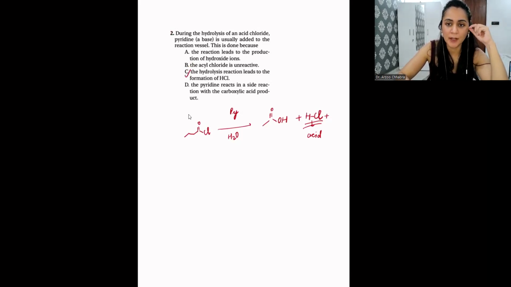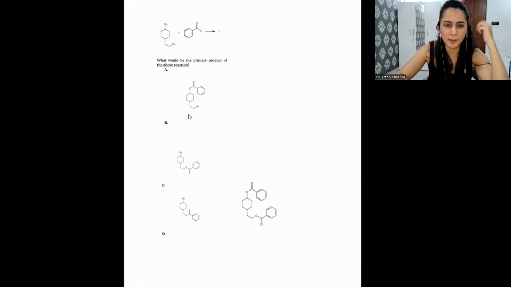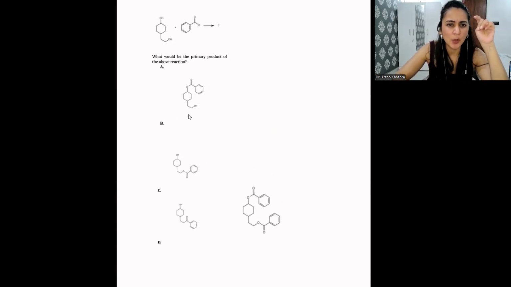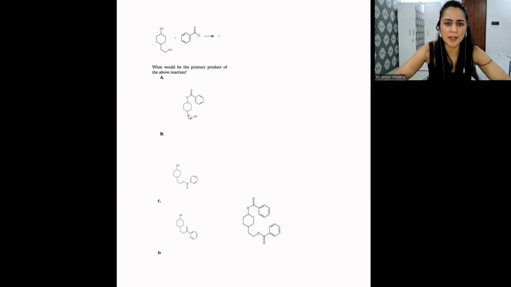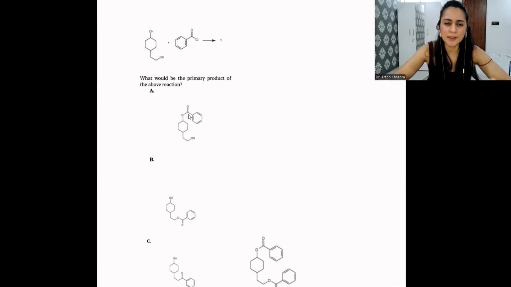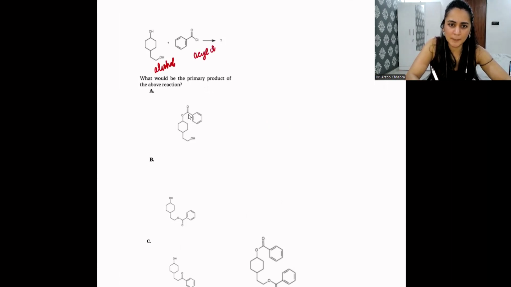Okay, the next problem is: what would be the primary product of the above reaction? This reaction is the reaction of an alcohol with an acyl chloride.